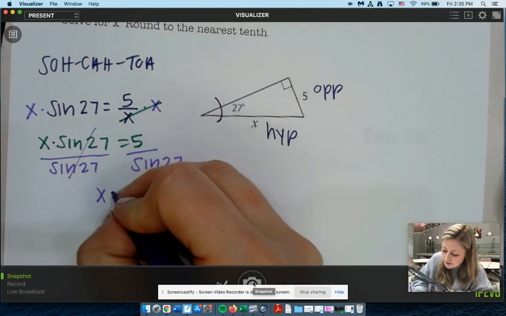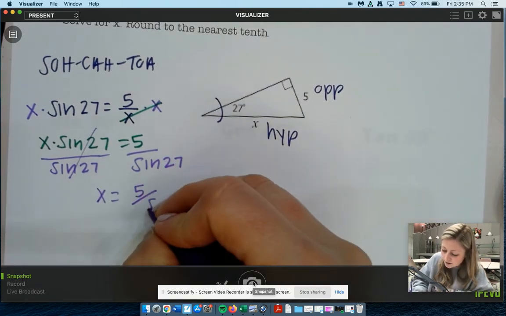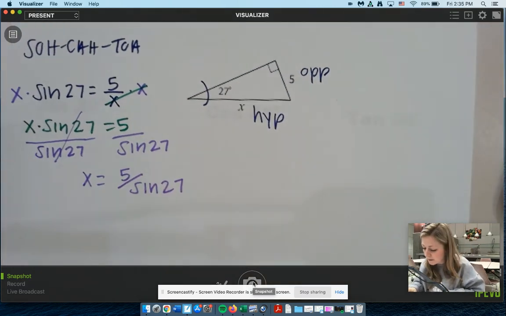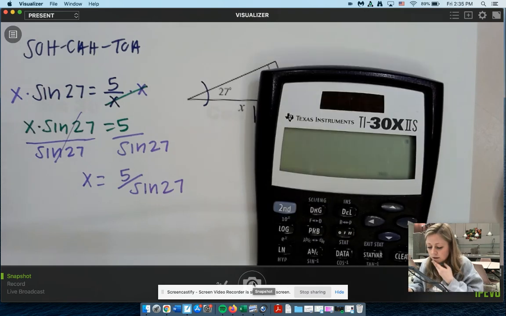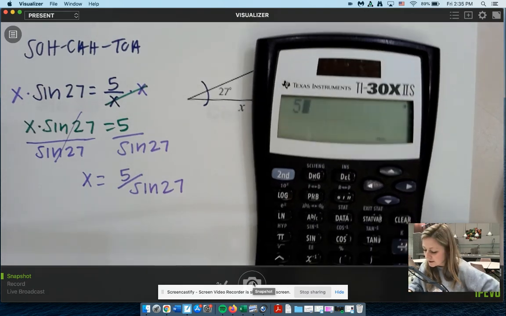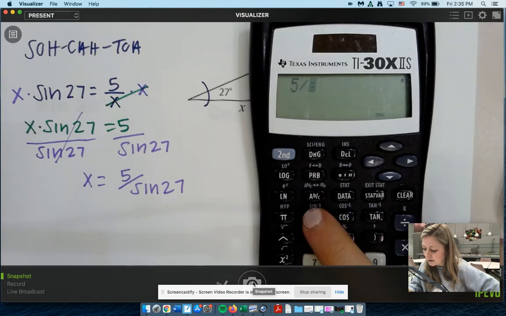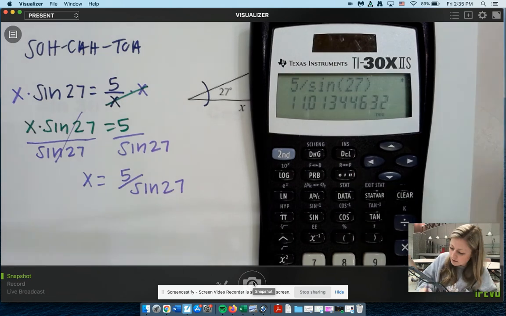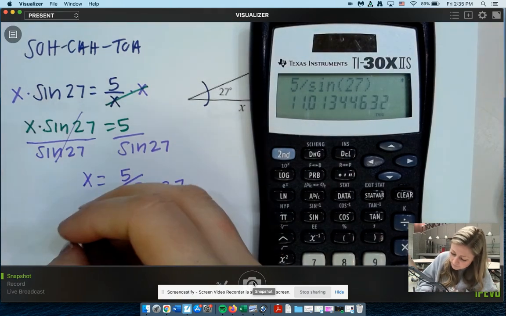Now we can type this whole thing into our calculator. On the calculator, it's a little easier. You take 5, exactly how you see it, divided by sine 27, and your parentheses. And we should get 11.01. Okay.